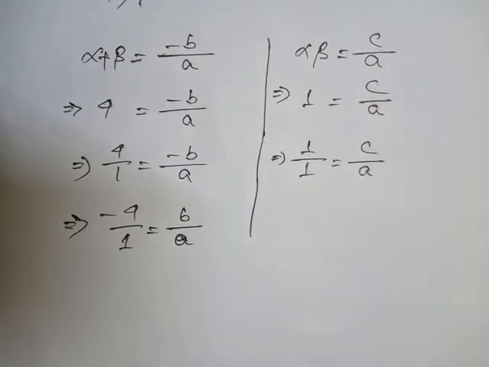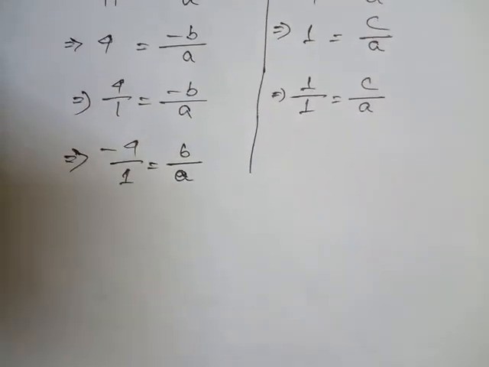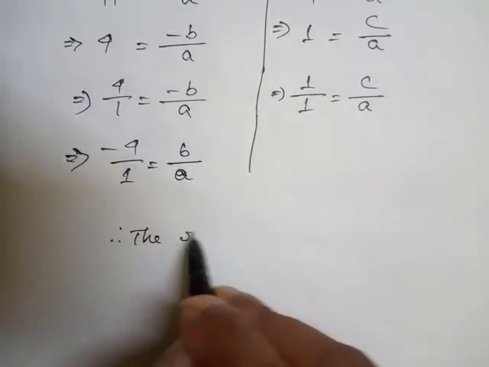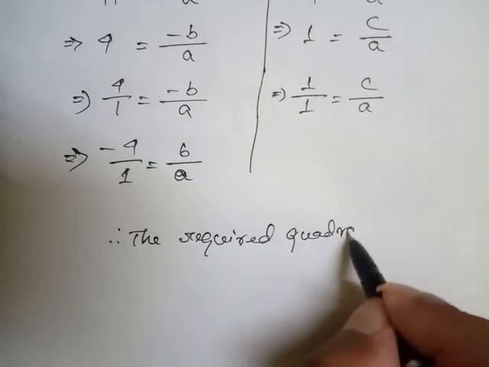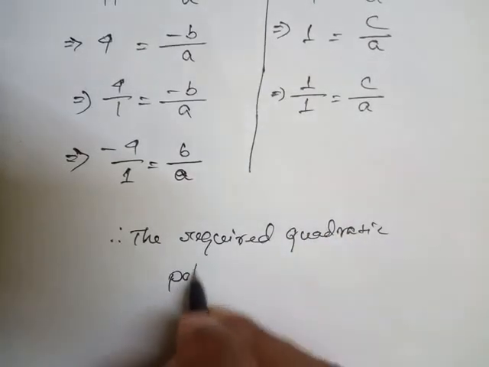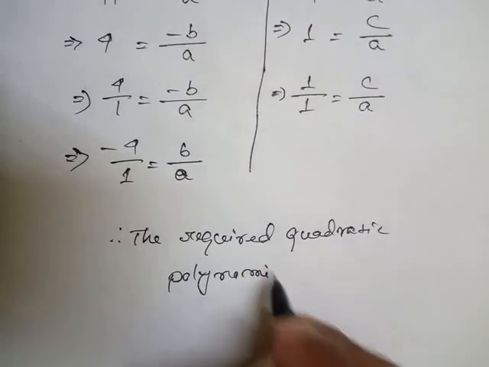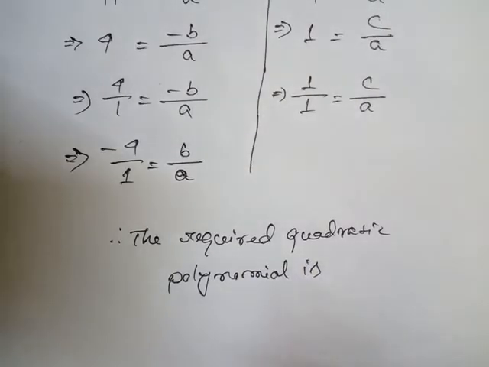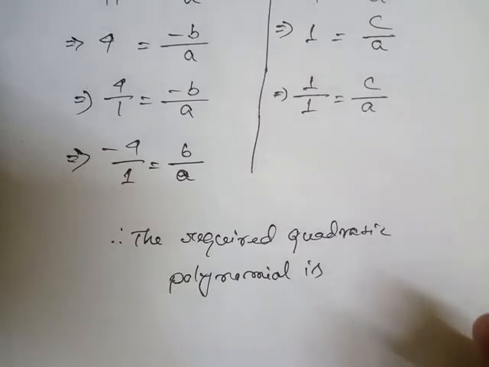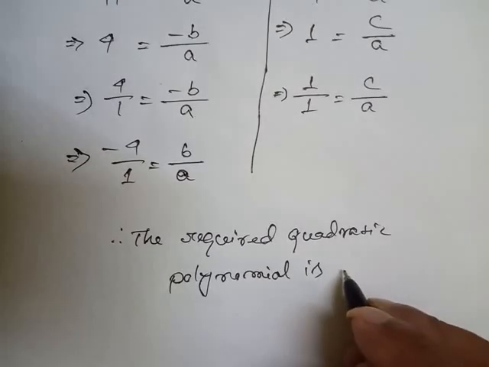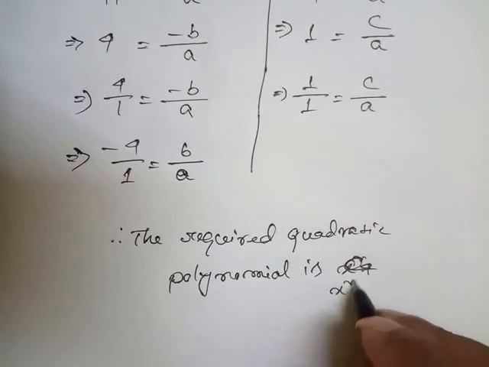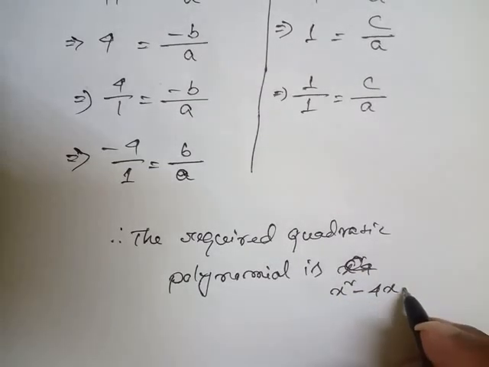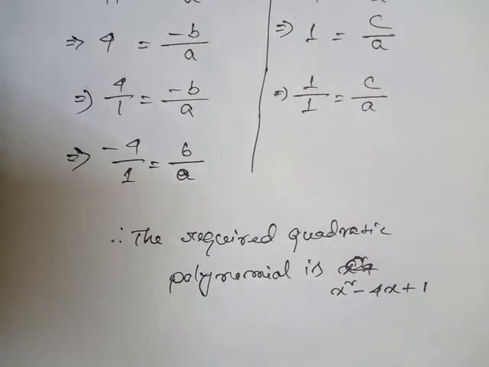So our required last line, therefore the required quadratic polynomial is, the standard equation is ax square plus bx plus c. Ax square, a is 1, which means x square, b is minus 4. So we'll write here x square minus 4x, and c is 1. This is the answer of the last question.